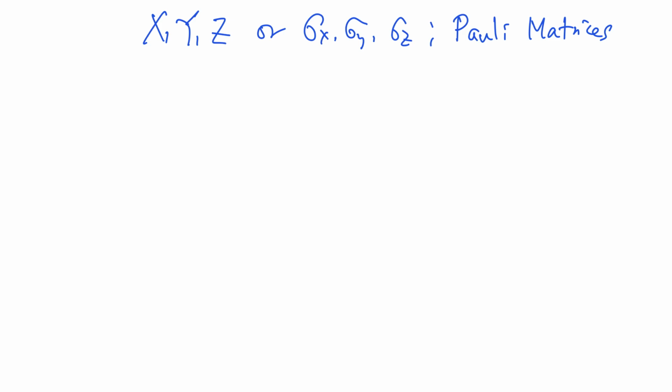These Pauli matrices play a very important role in quantum mechanics. Wolfgang Pauli is a Swiss physicist who got the Nobel Prize in 1920, I think 6. Let me check.